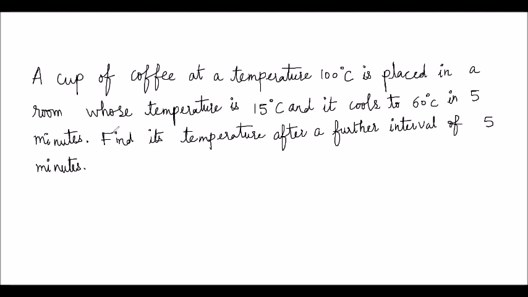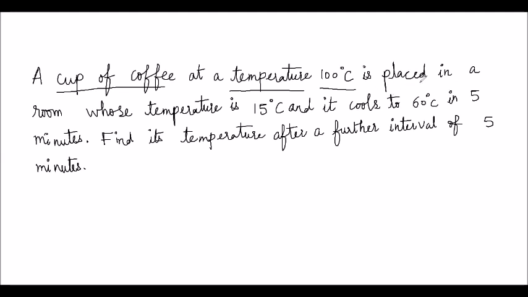Now let us read this problem carefully. A cup of coffee at a temperature 100 degrees centigrade. So we are talking here about a cup of coffee. We are talking about its temperature and it is given that its initial temperature is 100 degrees centigrade.